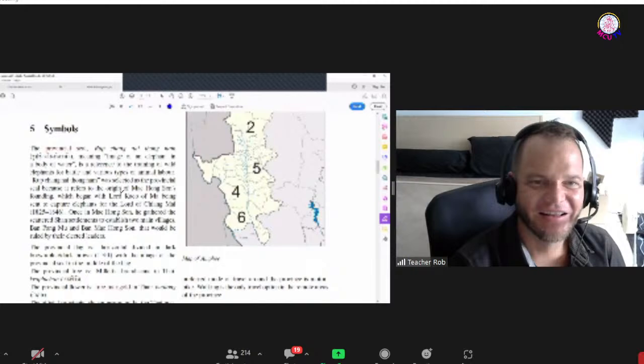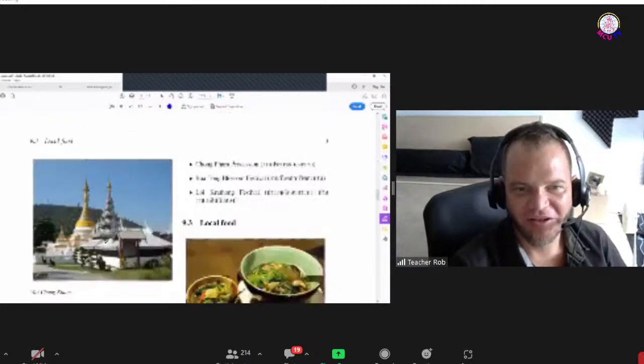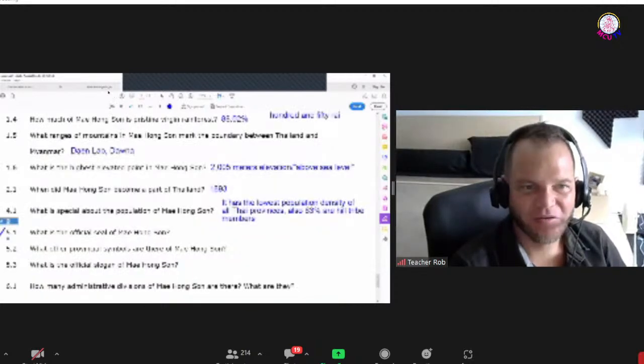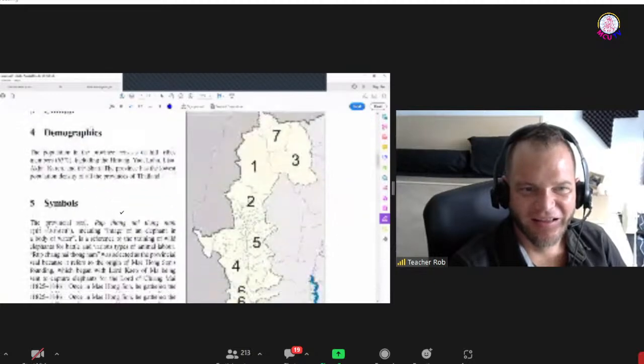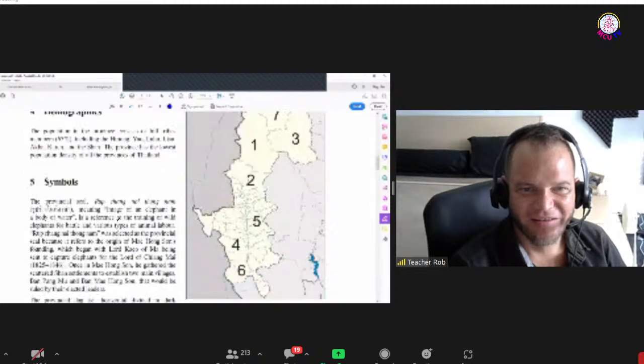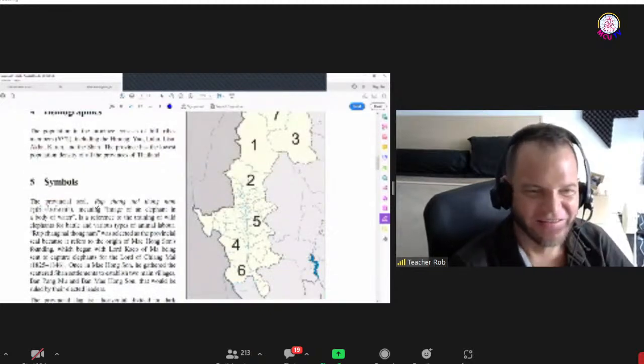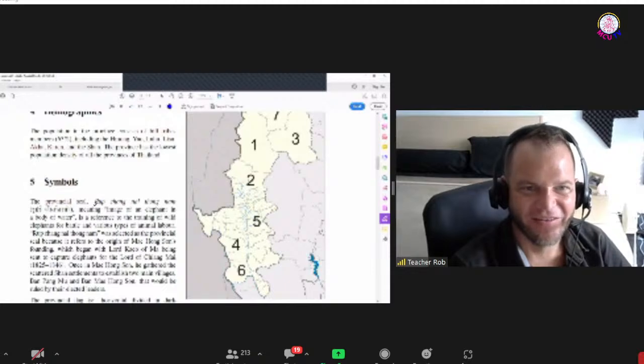Okay. Now, as it says, what is the official seal of Mae Hong Son? So if we go back up to this, the official seal is รูปช้างในท้องน้ำ. Exactly. Yep. So it's all that thing here.